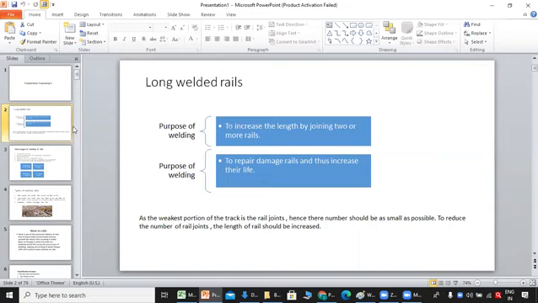When rails continuously move over a particular joint, due to continuous loading, continuous impact load and stresses, the fish plates become loose. Also the rail ends are battered, nothing but damaged. In that case, we remove the fish plate and do the welding for that particular section.